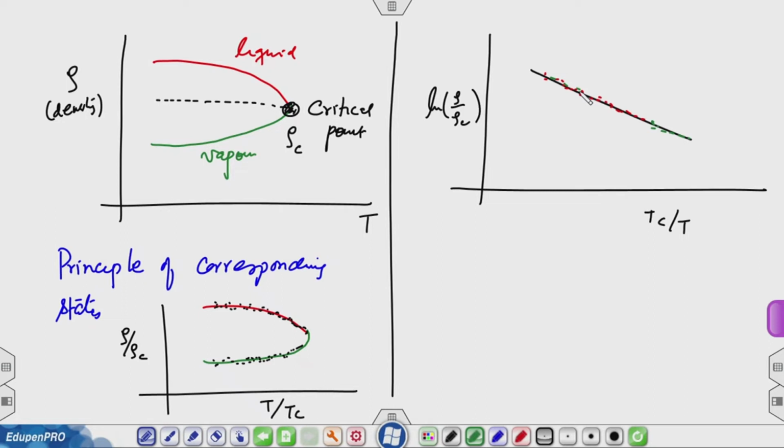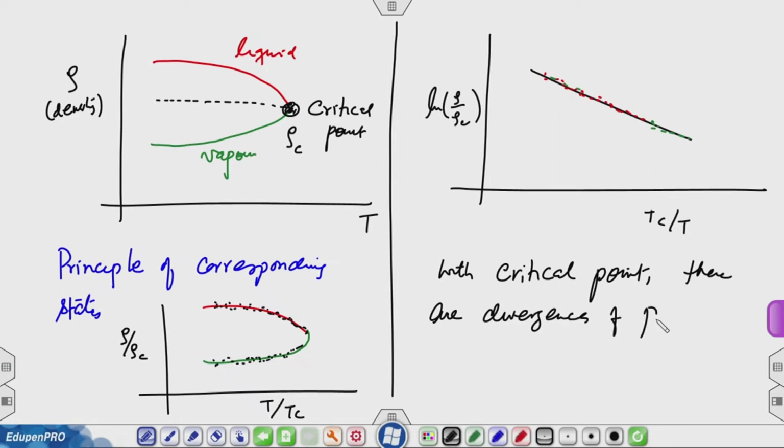Now, as we said earlier, with each critical point, there are divergences of properties associated. So, some property goes to infinity as you reach the critical point. Now, how do you measure these divergences?